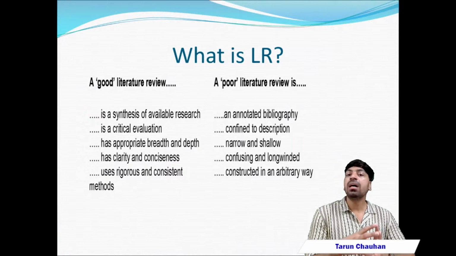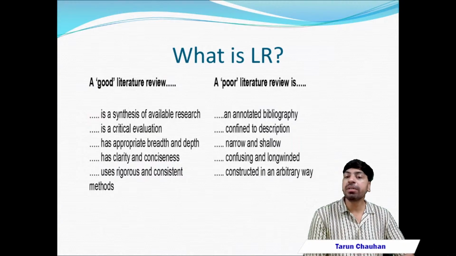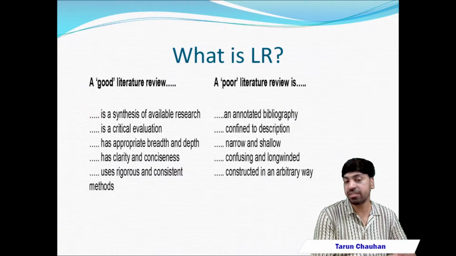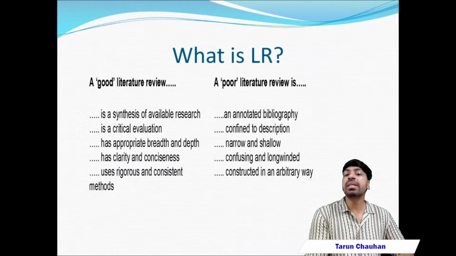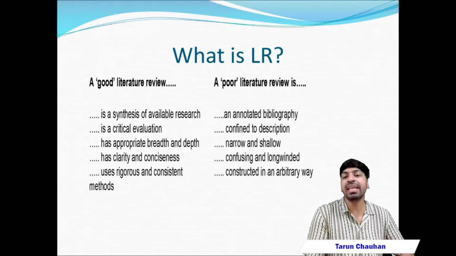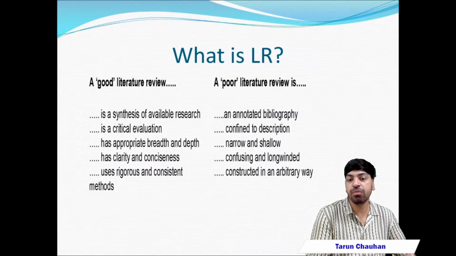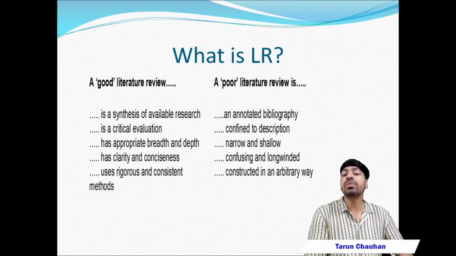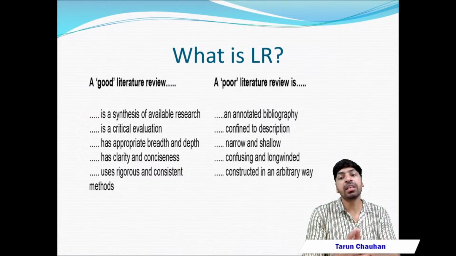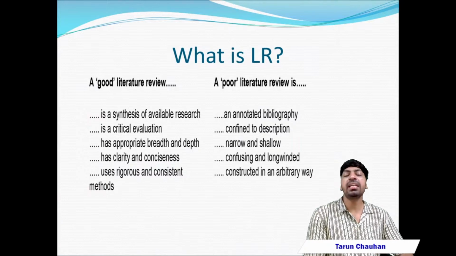But a poor literature review is an annotated bibliography, which just gives a list of sources available in its research. It is also confined to description only, which also indicates a bad literature review. It also includes narrow and shallow evidence or facts needed in the study.